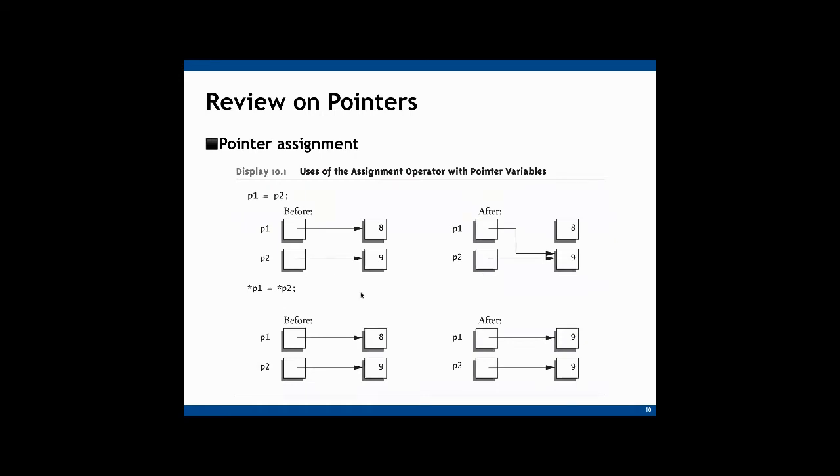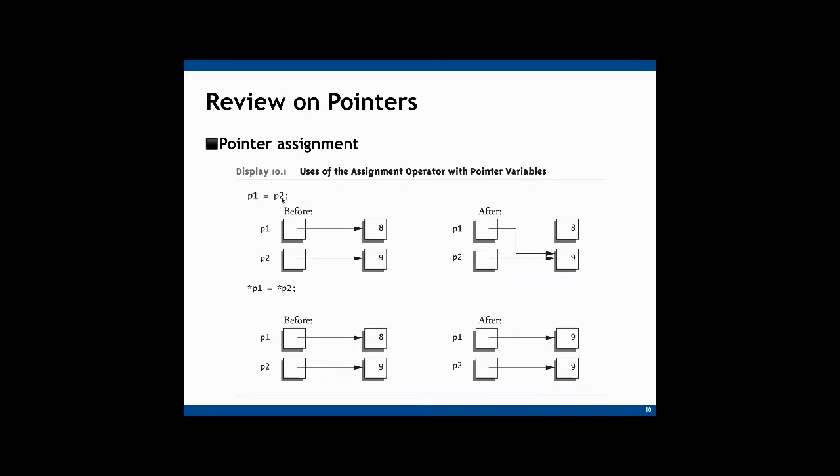This diagram shows the differences between pointer assignments with asterisk and without asterisk. For these assignments, assume that P1 and P2 are pointer variables, and P1 is pointing to this memory location where the 8 is stored, and P2 is pointing to this memory location where the number 9 is stored.